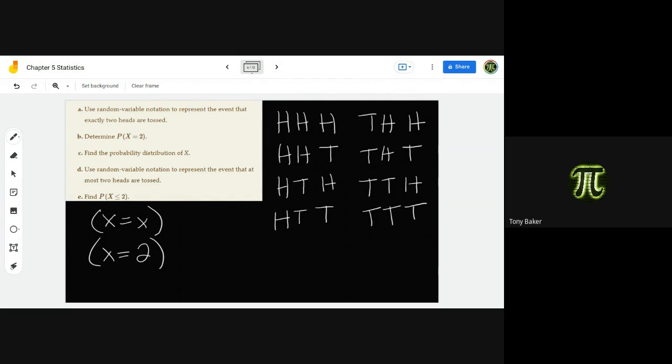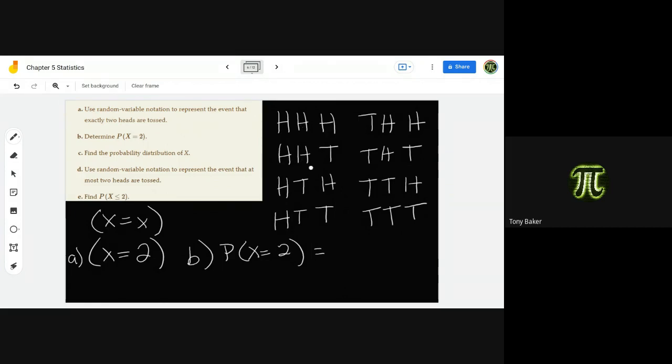The next question says, what's the probability of that? So we want the probability of x equaling 2. So how many times did two heads occur? So it says exactly two heads.